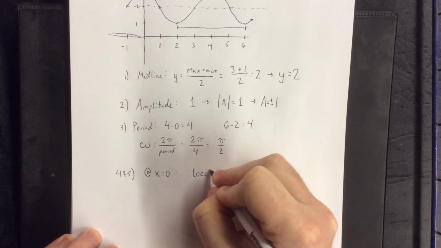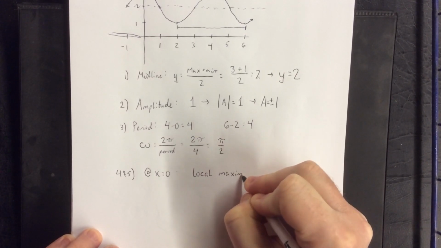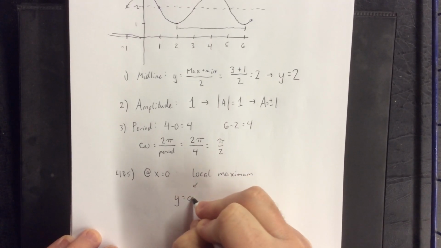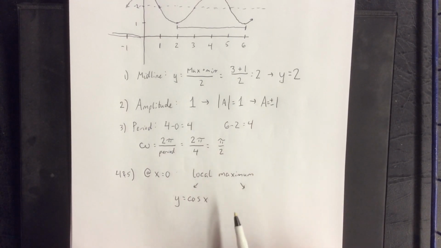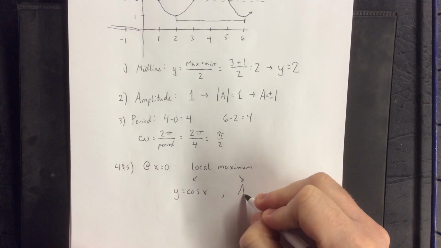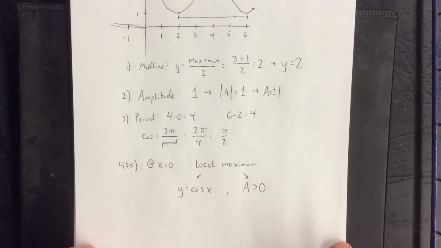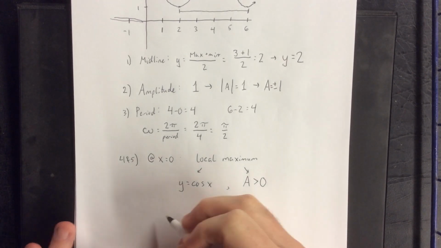Now if you happen to start at a local maximum or minimum, you are dealing with the cosine function. Y equals the cosine of x. The fact that it's a maximum indicates that that is a typical cosine curve. That is to say, no reflection has occurred. Now, given that no reflection has occurred, we'll want to see a positive value for a.